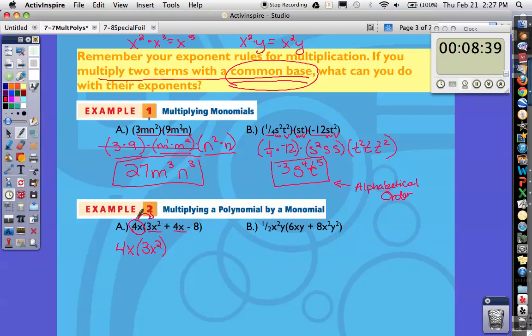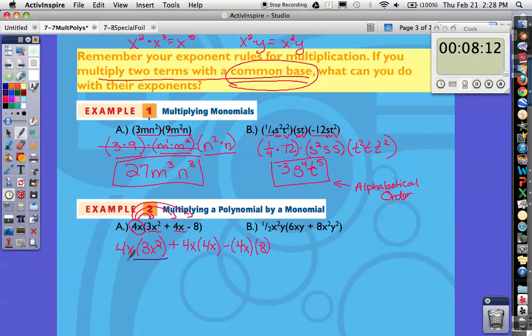Here's another term, 4x, so I'm going to keep that plus sign, 4x times the 4x. I'm going to keep the minus sign then, and it's 4x times the 8. Or if you wanted to make it plus, you would put the -8 over there. Now just multiply each set here.